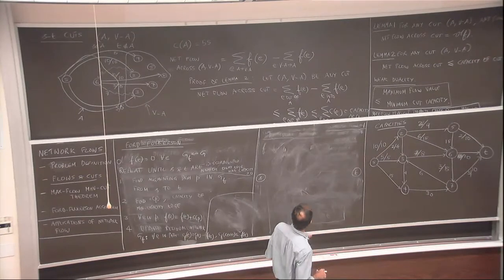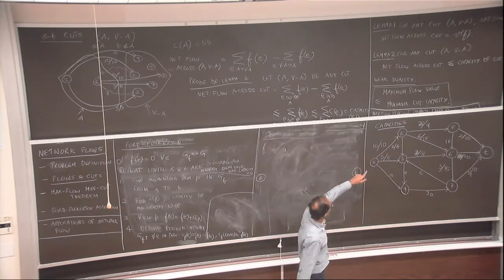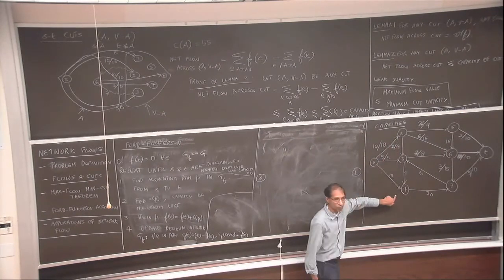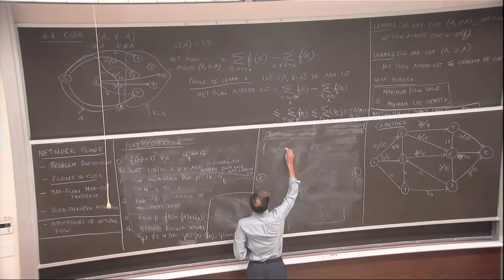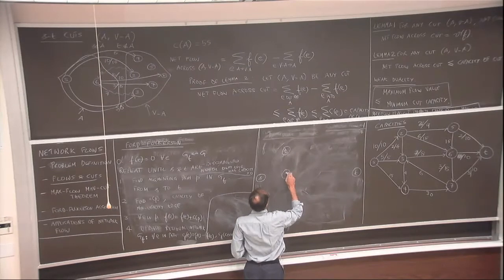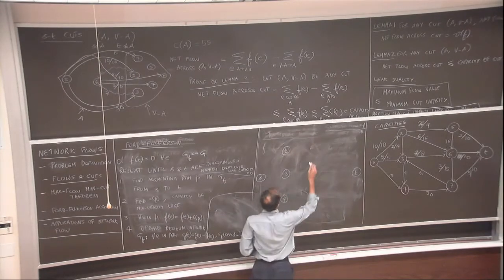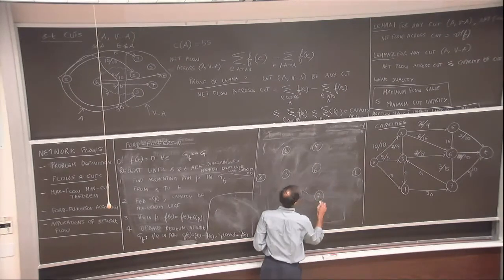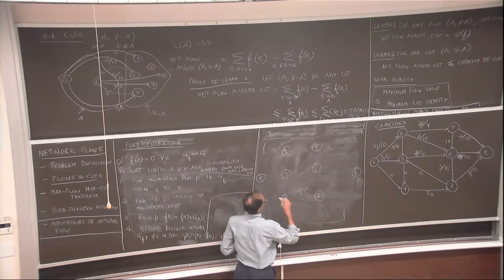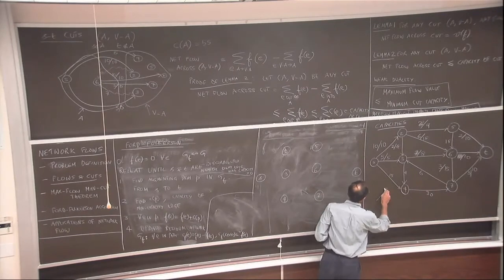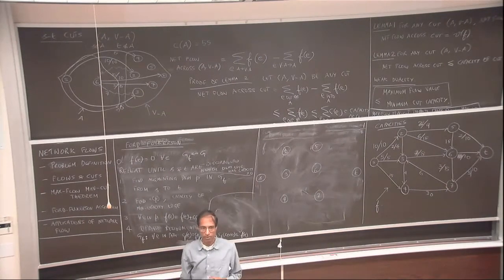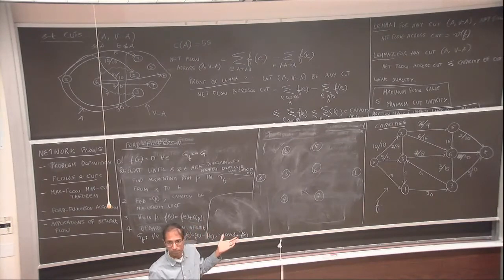Okay, so from S we have this edge. So this edge is there as before. So let's put that in. 2, 3, 4, 5, 6, 7. So let's suppose our flow here is F. This is what our current flow is, which is a flow value 15.